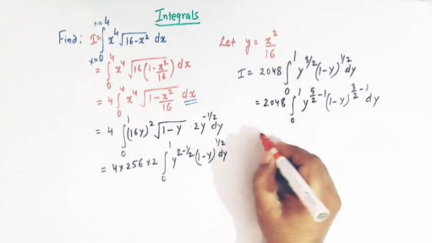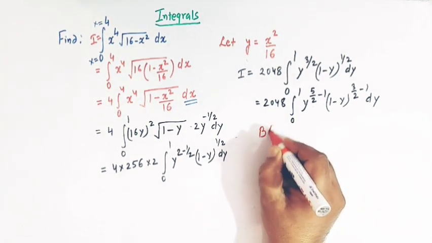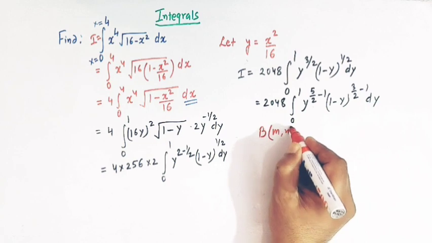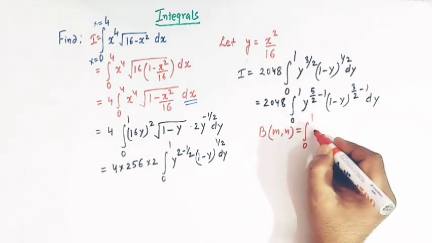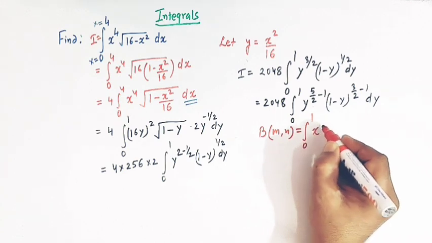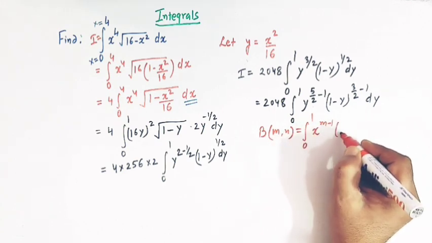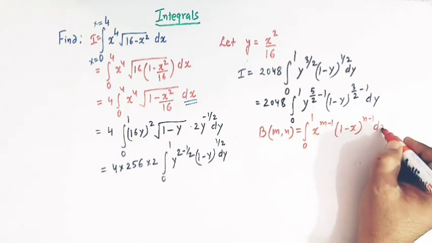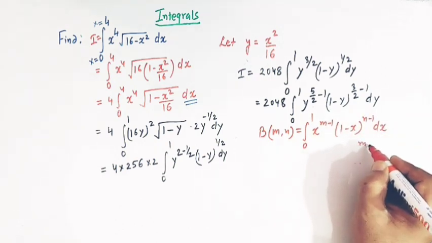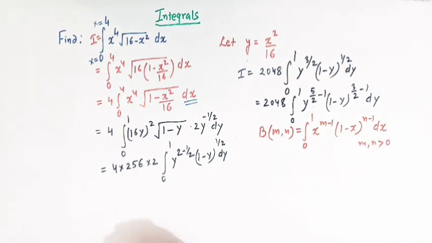So now see, the beta function is defined like this: beta mn. We can write it as 0 to 1, and here we have x raised to m minus 1, and 1 minus x raised to n minus 1 dx, right? So where m and n are greater than 0, right?